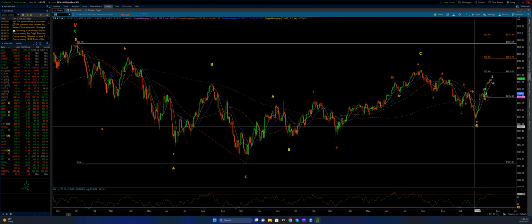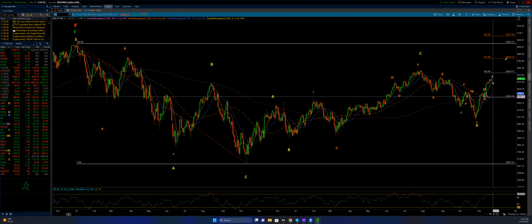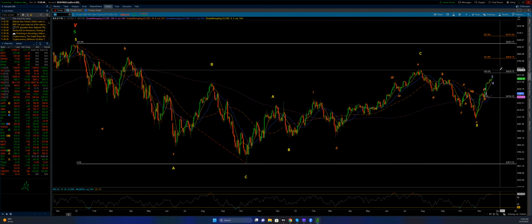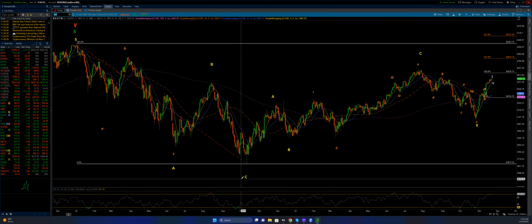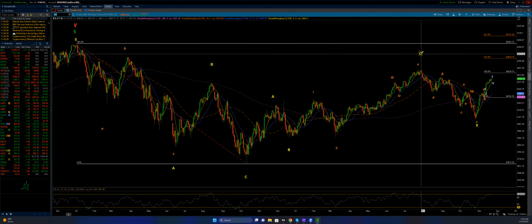This would be finishing possibly a double ABC, possibly an intermediate wave 2. So we have still those choices. What I am saying also in the S&P, my longer term count, I'm still okay with it.